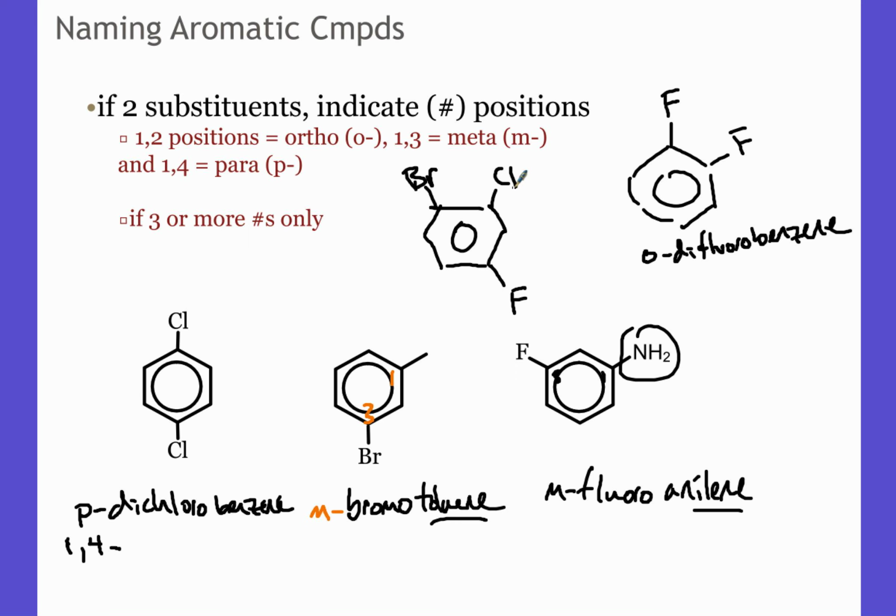So I can't really do that kind of stuff. I just try and give it numbers, and I go with the lowest numbers possible, right? So I got to go 1, 2, 3, 4 on this one. If it was a toluene, I have to start the 1 on the methyl, so that actually kind of limits me, or aniline, I have to start with the 1 on that nitrogen group. But otherwise, if it's 3 or more branches, you can't do ortho, meta, para, but I'd like you to try and use ortho, meta, para otherwise when you're naming.